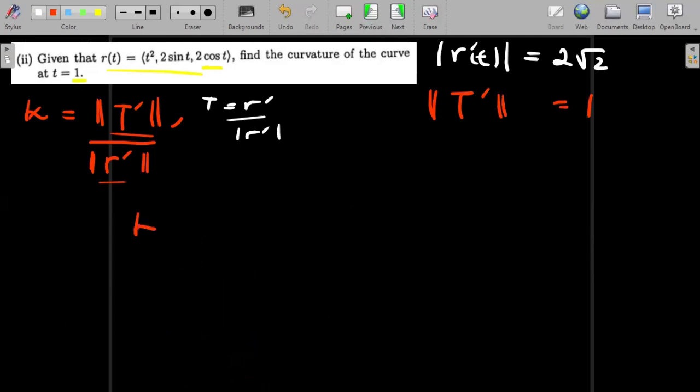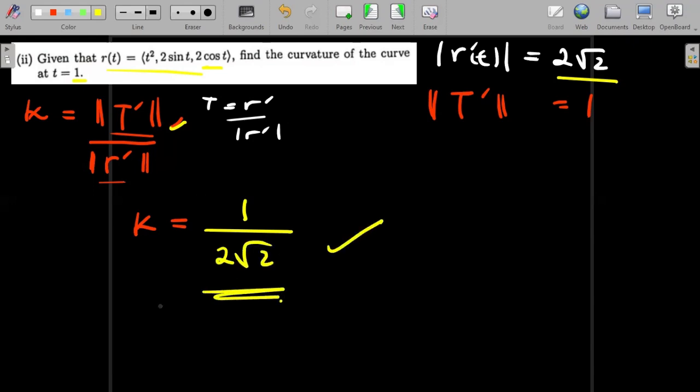Then my curvature is what I have on top, which is T prime, with the magnitude of T prime, which we found to be 1, divided by this part here, which we found to be 2 root 2. So I've computed my curvature.